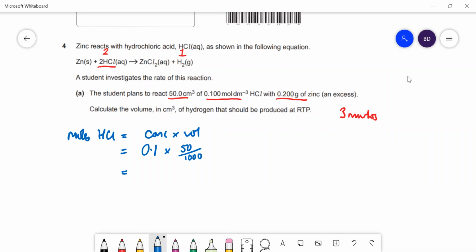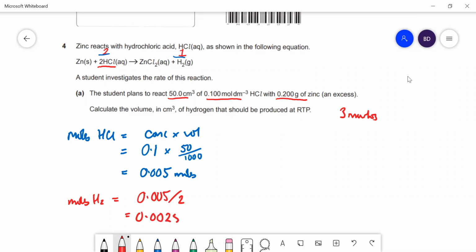That gives us 0.005 moles of HCl. Now we said it's a 2-to-1 ratio, so the moles of H2 produced is going to be 0.005 divided by 2, which is 0.0025 moles of hydrogen gas.